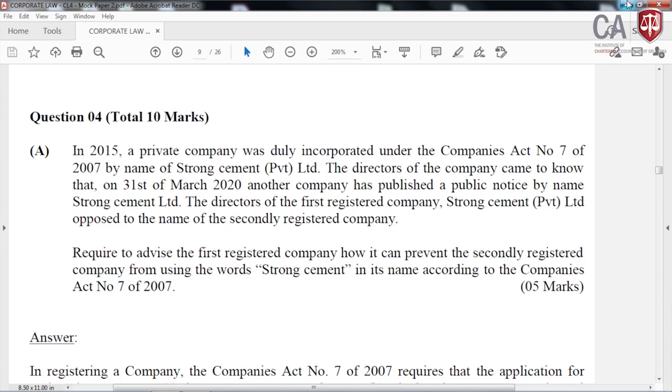So, that is another area that you need to pay much emphasis on in answering your question paper. Now, you know that all these 7 questions are compulsory for you to answer.